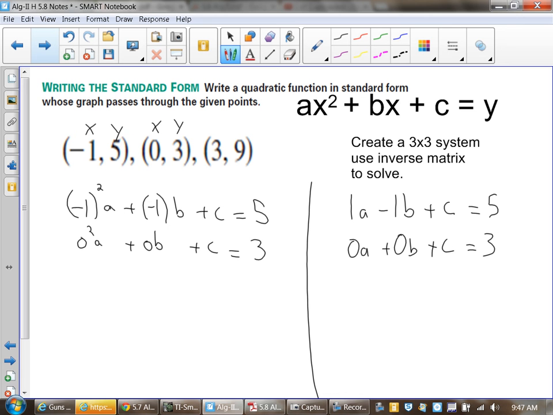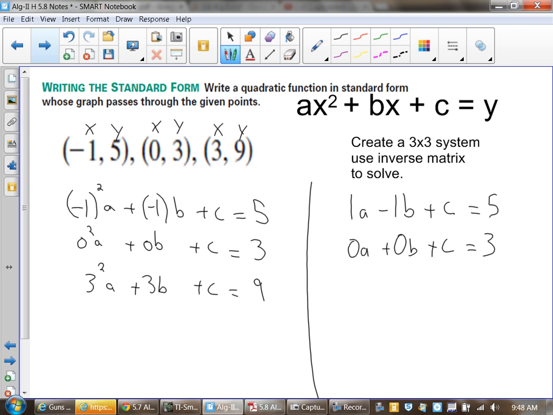Now, I could be a real mean jerk and tell you to do all this by hand. I wouldn't do that. You can do it by hand. Go for it. And then lastly, I do that again with the third one. I get 3 squared a plus 3b plus c is 9.